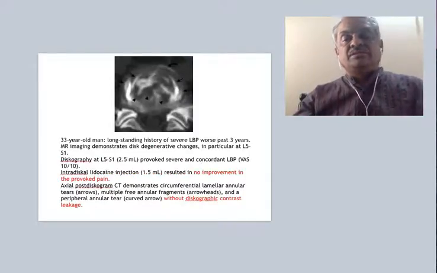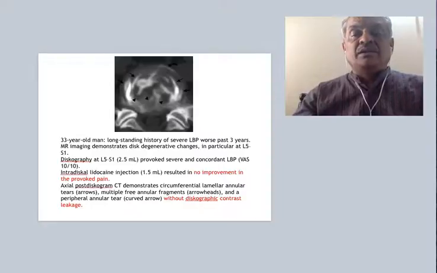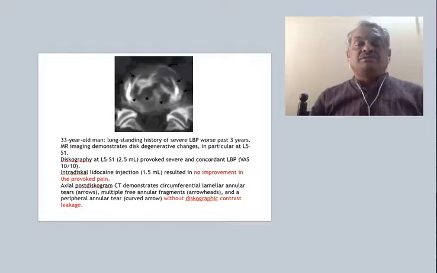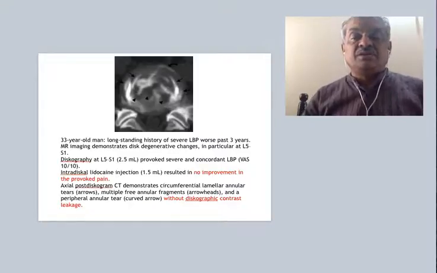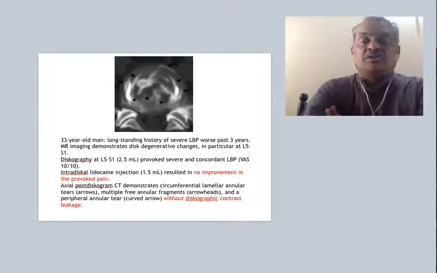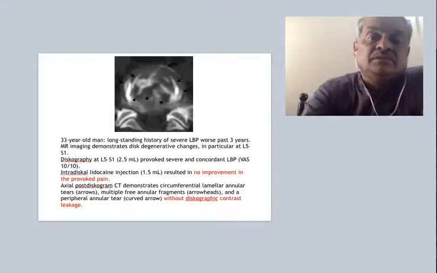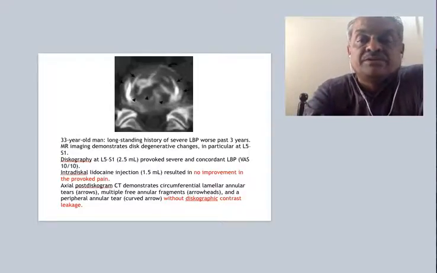This is a 33-year-old man with a long-standing history of severe back pain for almost 3 years. MR imaging demonstrates disc degenerative change, especially at L5-S1, and on discography 2.5 ml was accepted by the disc. It provoked severe concordant pain, almost 10 out of 10, and intradiscal lidocaine resulted in no improvement in the provoked pain.